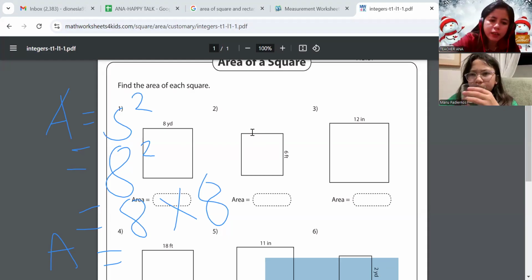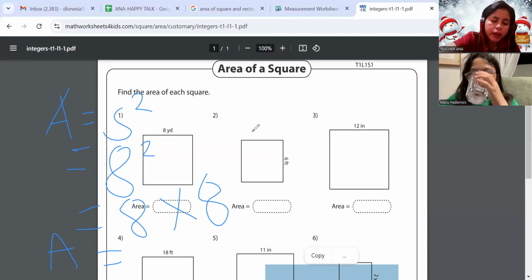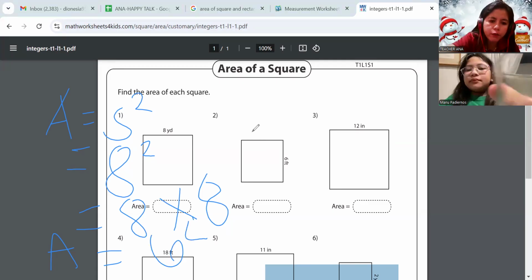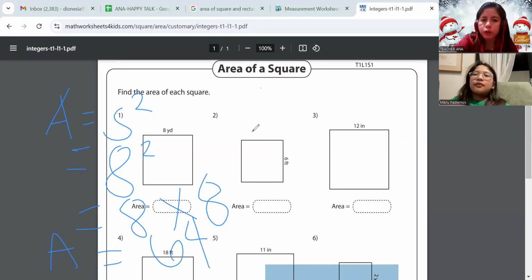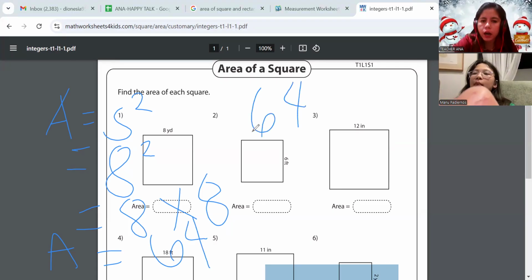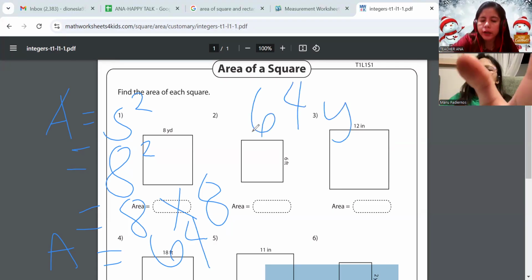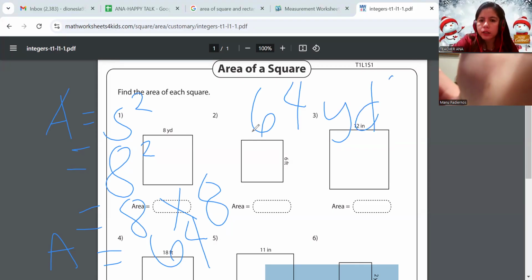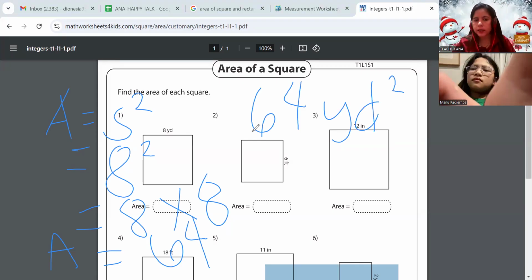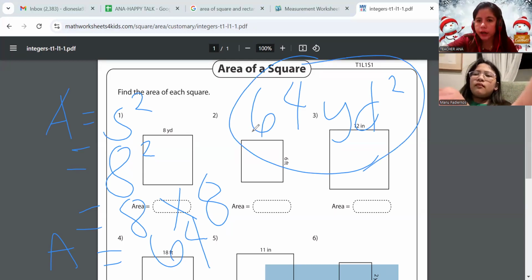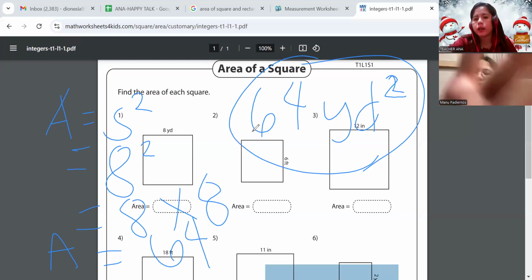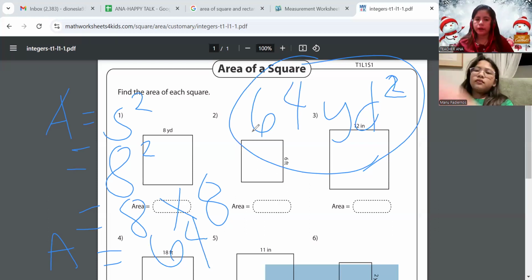Very good. So the area of the square is 64. Again, how do we write the area? 64 yd, yard, then squared. 64 yd with a little 2, an exponent, above the yard.